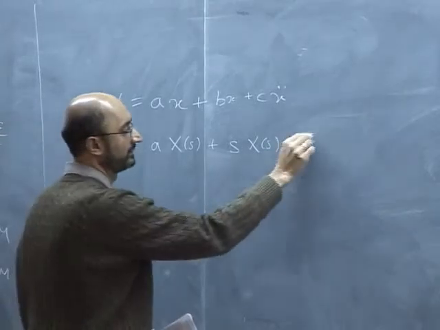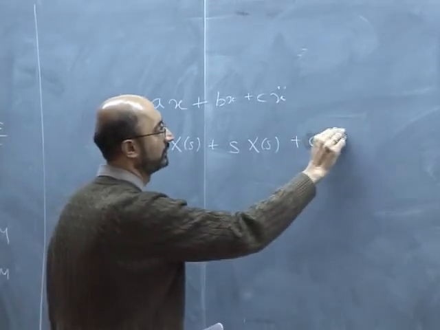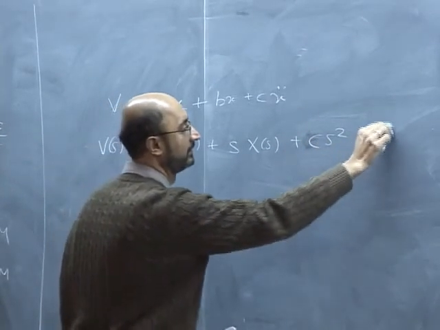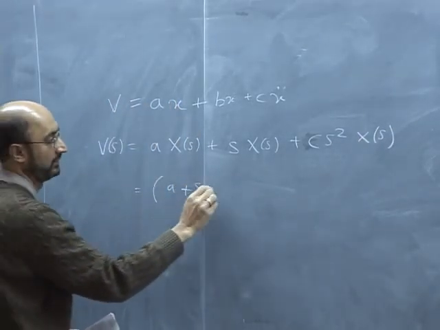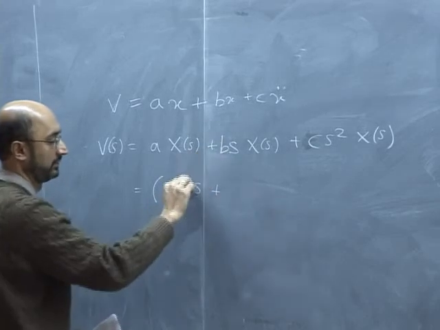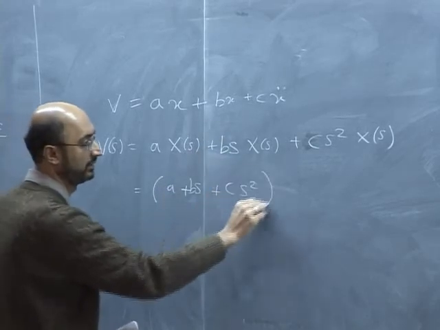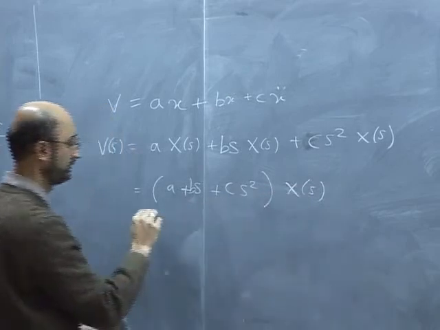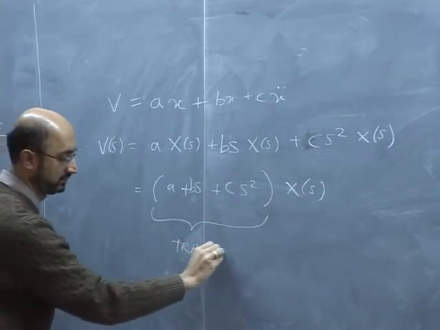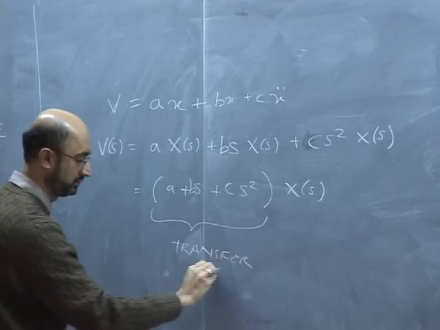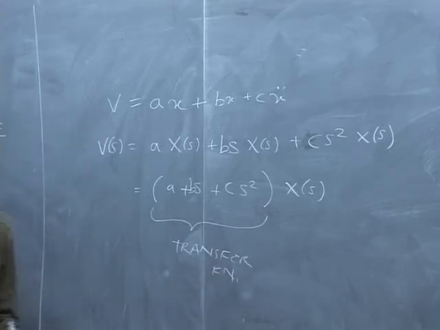Equilibrium system, plus c s squared X(s). And this can be written as a plus bs plus c s squared, times X(s). And so this is going to be the transfer function. Okay? And that's the answer.